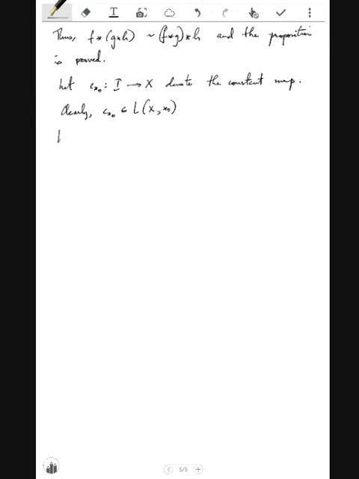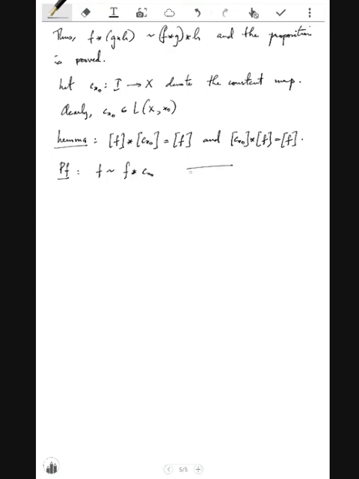And we want to check that C x naught gives the identity element. So proof. So we need to check that F is homotopic to F star C x naught.